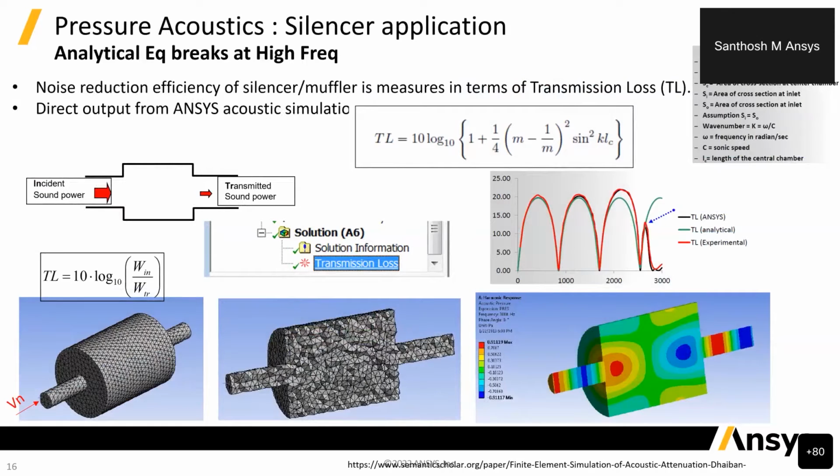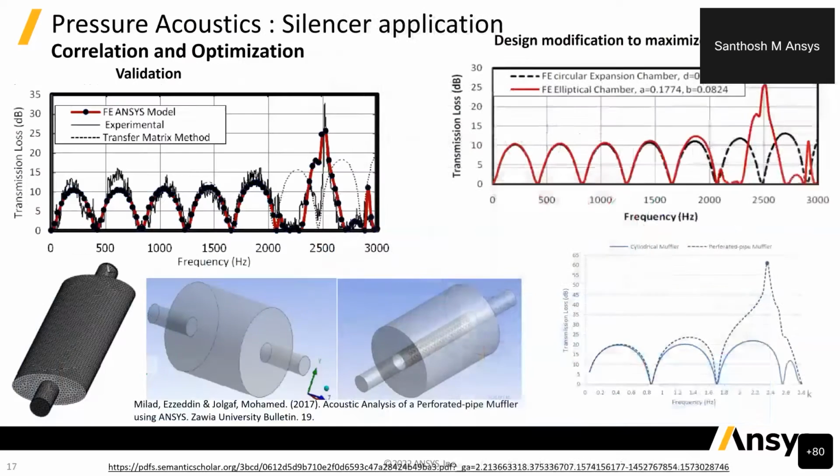In such a situation, the theory breaks down and no longer follows what we see in measurement. That is where numerical techniques like the finite element method and boundary element method become very useful, beyond the frequencies where the analytical formulas fail, to predict the transmission loss of the muffler.